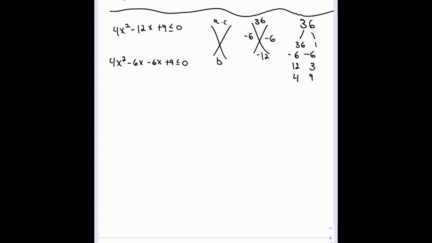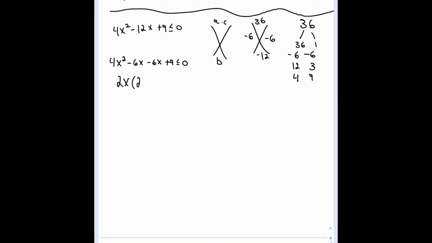Now we want to look at each of these and pull out a common factor from each. What we want to do is find a common factor for each of these. Looking at 4x squared minus 6x, our common factor can be 2x.